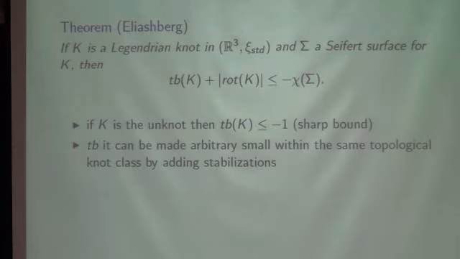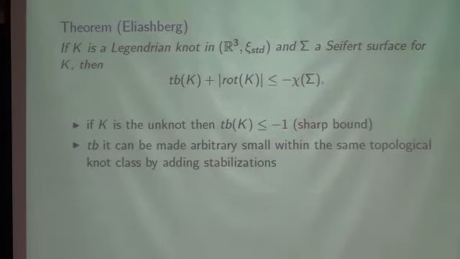This is not always sharp, but in some cases it's known to be sharp. So for example, with the unknot, the negative Euler characteristic is going to give us -1 on the right-hand side.